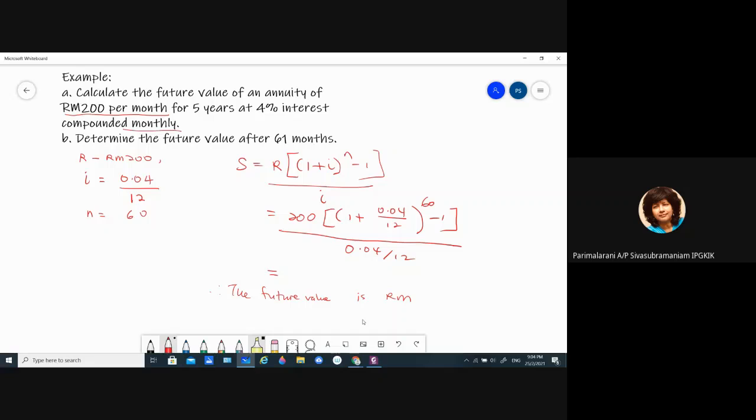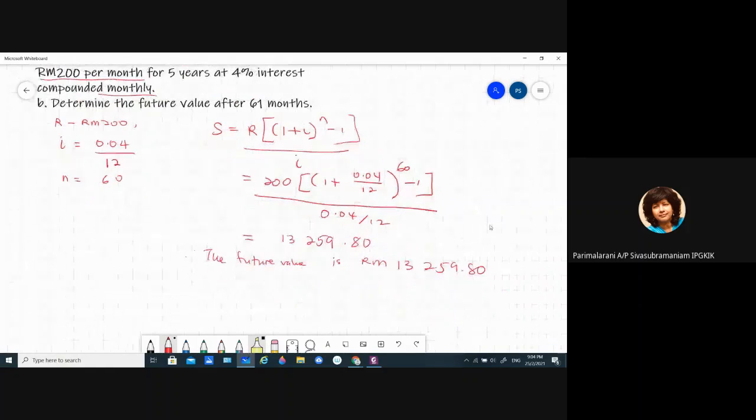Anyone? 13,259.80. Okay, correct. So this is 13,259 ringgit and 80 cents. So this is the future value.